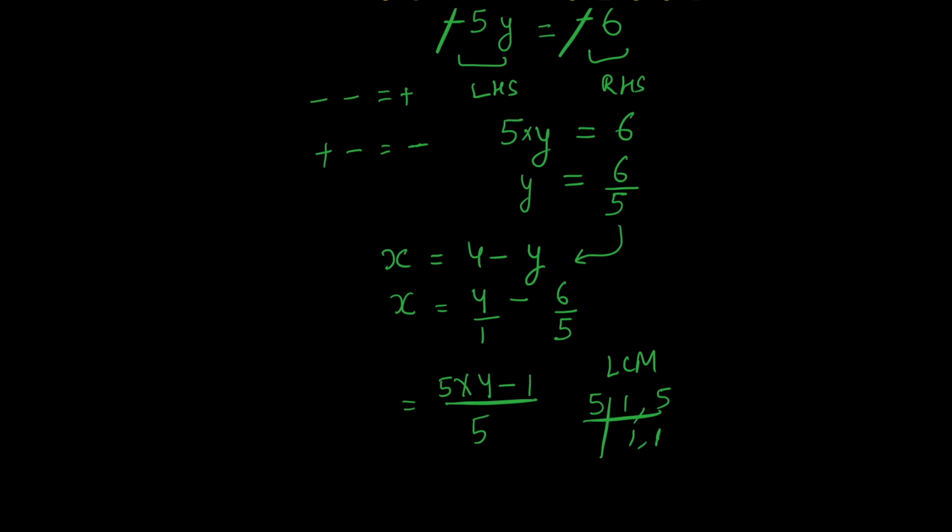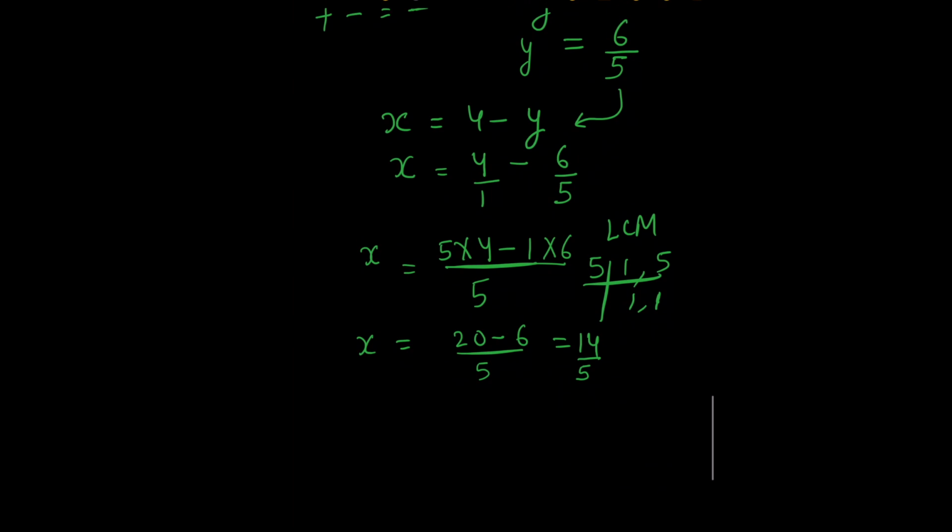And 5 divided by 5 is 1, and when you multiply by the numerator, which is 6, then x will be equal to 20 minus 1 times 6, which is 6, so 14 by 5. And hence you get the same answer as you got in the elimination method as well. x is 14 by 5 and y is 6 by 5.